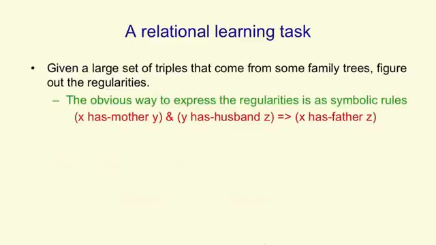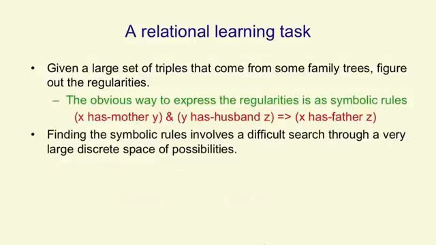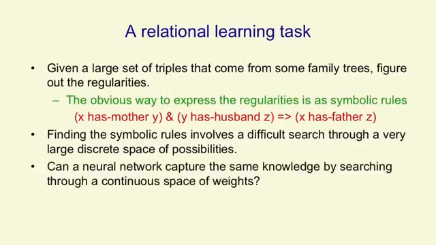For example, X has mother Y and Y has husband Z implies X has father Z. We could search for such rules, but this would involve a search through a combinatorially large space of discrete possibilities. A very different way to try and capture the same information is to use a neural network that searches through a continuous space of real valued weights.